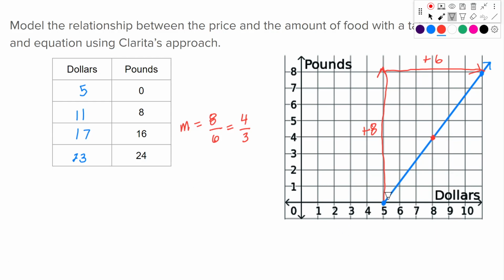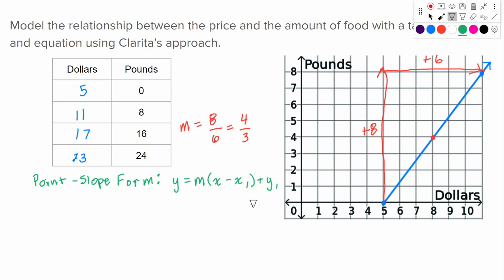Now, because we don't have the y-intercept, we cannot use the slope-intercept form for writing the equation of the line, so we need to use what's called the point-slope form. And that form looks like this. y equals m, so slope, just like it was for the slope-intercept form, times x minus x1, this is a change from before, plus y1.